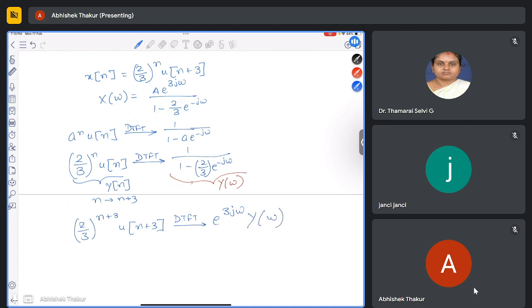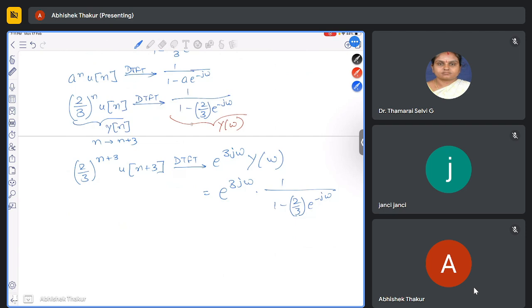This is also one of the properties. So we get e^(3j omega) into 1 by 1 minus 2/3 e^(-j omega). So the DTFT of (2/3)^(n+3) u[n+3] is given as this.